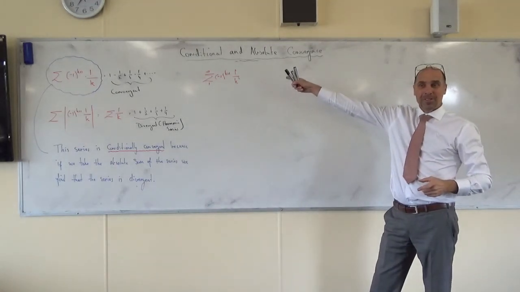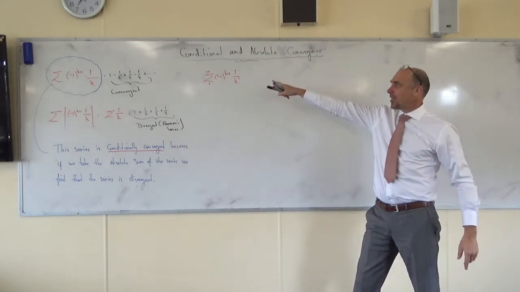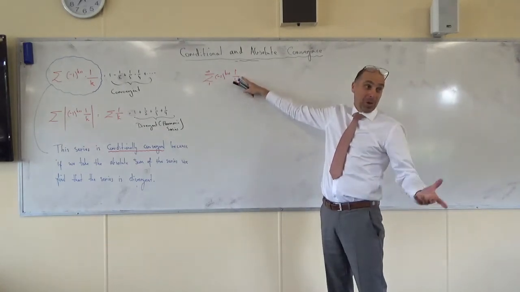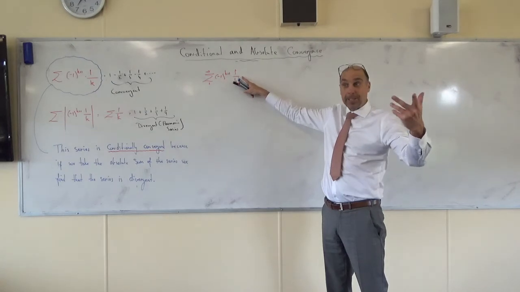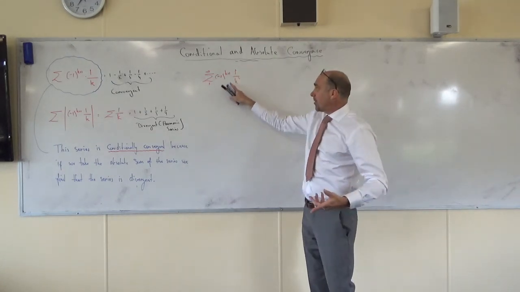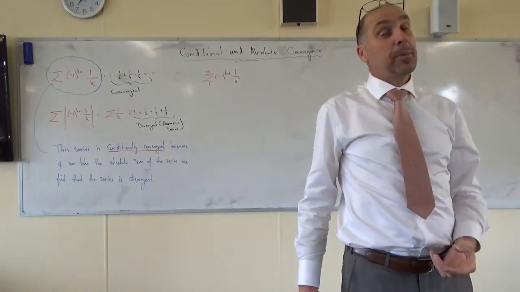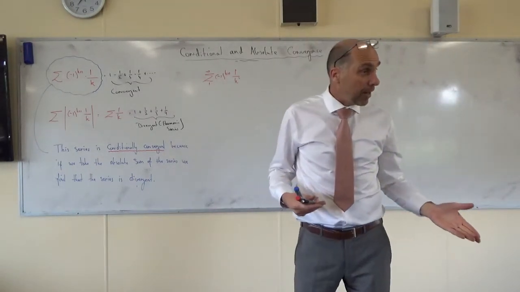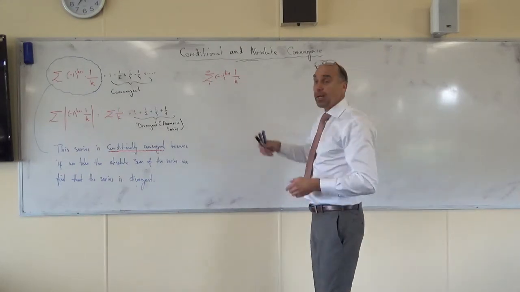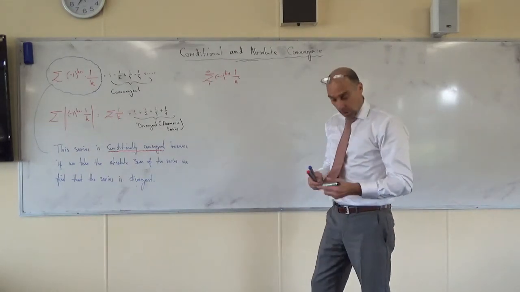Well, that one's going to pass the alternating series test for sure, isn't it? Again, if we did a double check, what's the nth term going to be? 0. Yeah, the infinite term is going to be 0, and also it's a decreasing function. So we would expect this to be convergent. Very good.